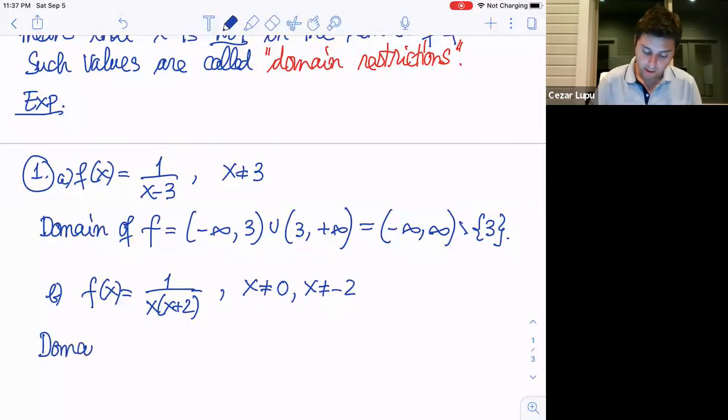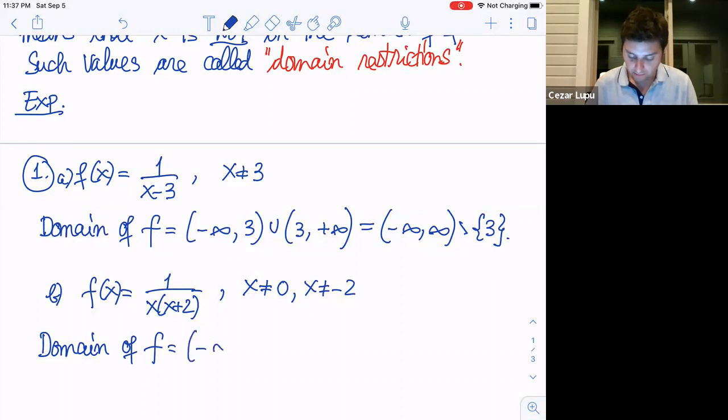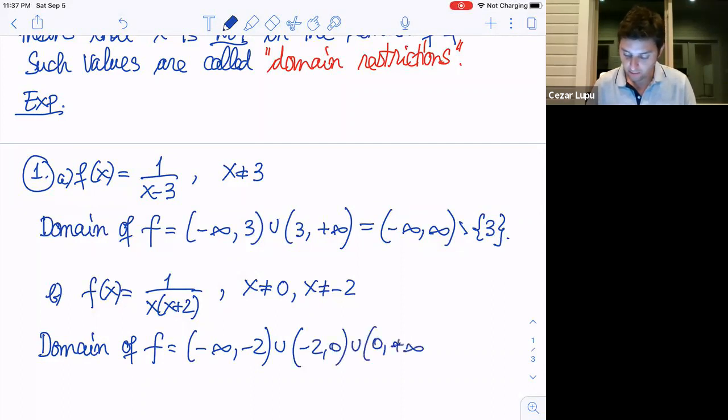And the domain of f is nothing else than, if you want to write it like this, (negative infinity, negative 2) union (negative 2, 0), open interval, and then the open interval (0, positive infinity).